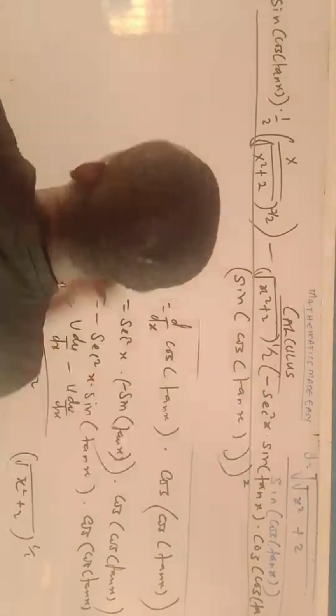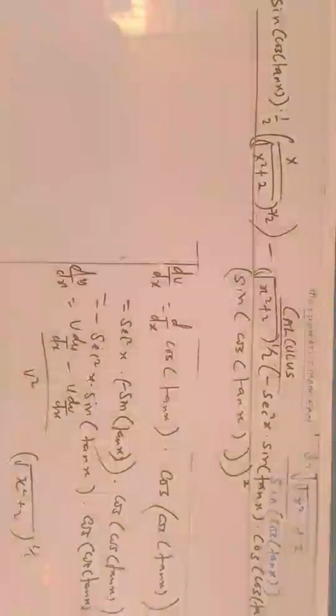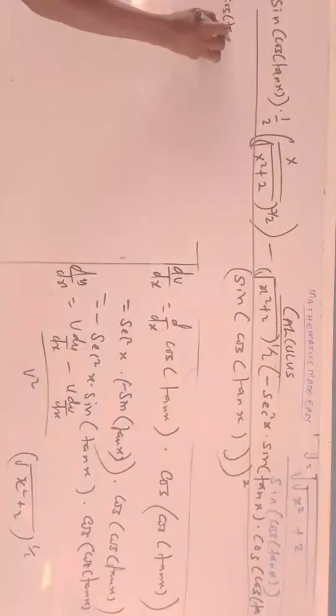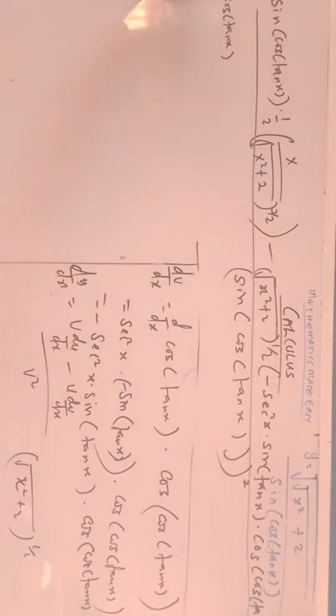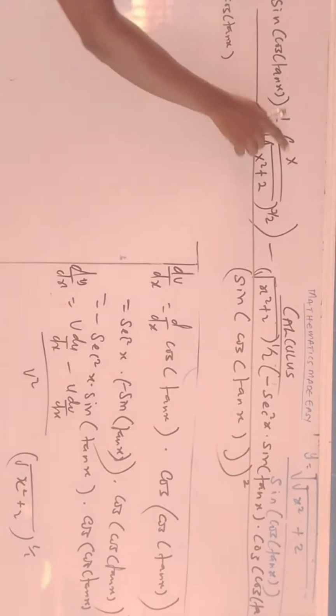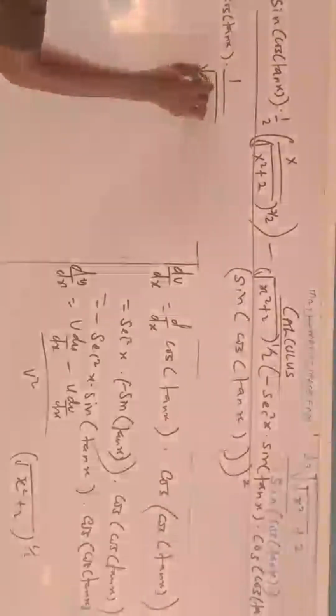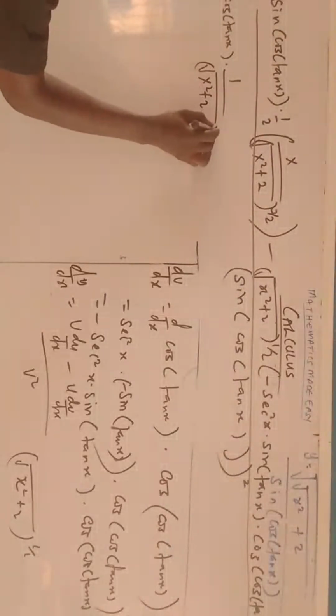You can see that the answer is very, very long. So minus and minus will give us, we're going to have sine cos of tan x. So we can bring out this 1 over 2. So we have 1 over 2 multiplied by this. Let me put the x also here. So x over 2 multiplied by sine, then multiply by 1 over square root of x squared plus 2 raised to the power of 3 over 2.